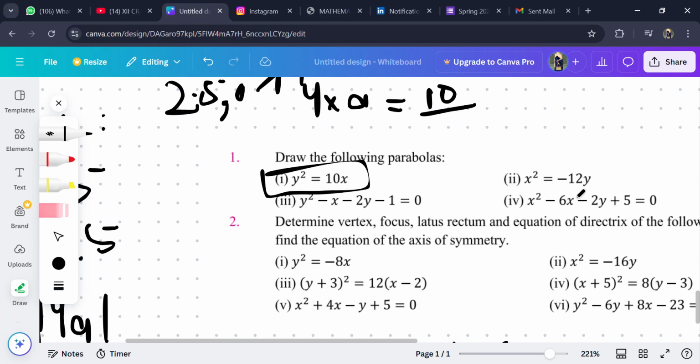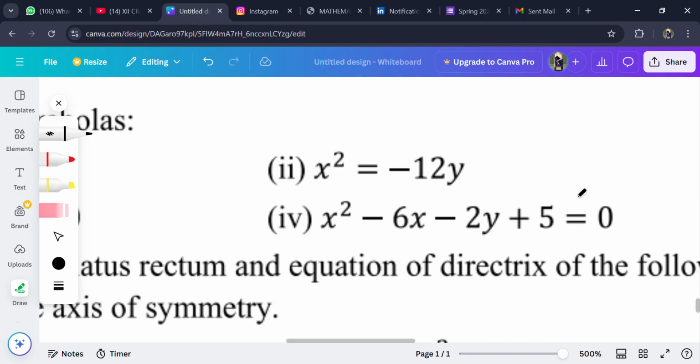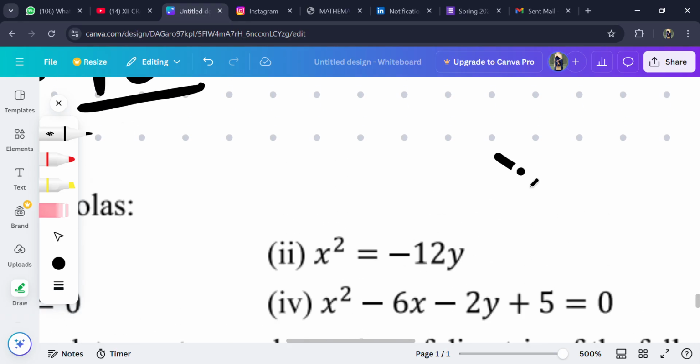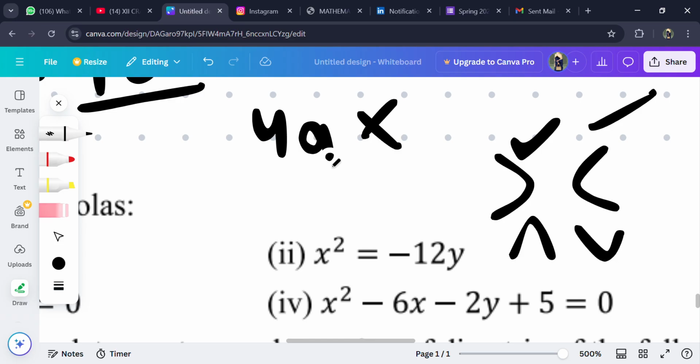Then again for question number 2, if you have gone through my previous lecture, I mentioned there that we have 4 types of parabola in our normal parabolic conic section. First parabola is this, then this, then this, and then this. This one is a left hand parabola, this one is right hand. Both of these parabolas are referred by the x-axis. That means if our equation is y square equals 4ax, it's a right side parabola.